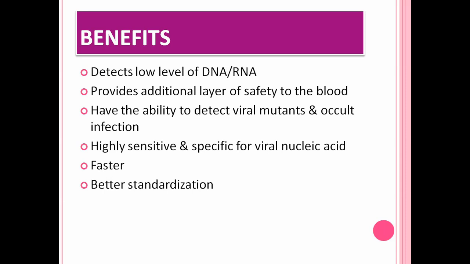Mutation of the genetic material may occur, and any occult or hidden infection can be detected. The method is highly sensitive and specific for viral nucleic acid. It is faster than ELISA and it provides better standard reports. So that's all about the NAT technique.